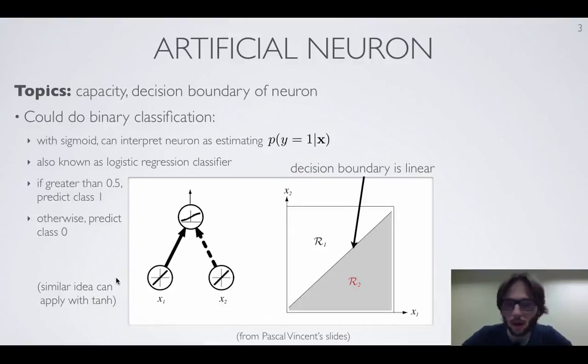With a neuron that performs this type of computation, we could perform binary classification. If we use the sigmoidal activation function, we could interpret the activation of a neuron as estimating the probability that some input x belongs to the class 1.